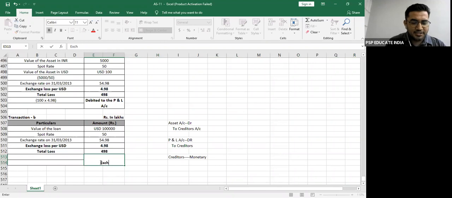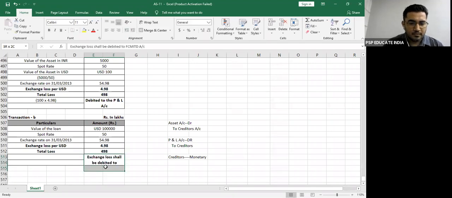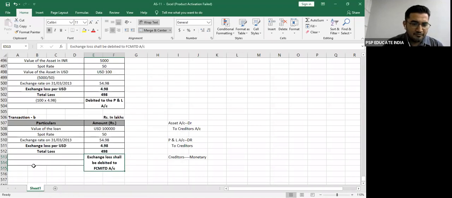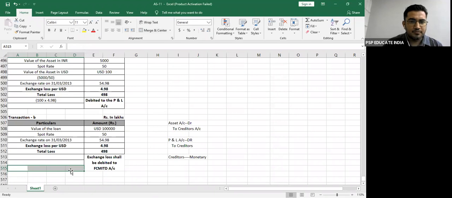So exchange loss shall be debited to FCMITD account. Loss will be transferred to FCMITD account.